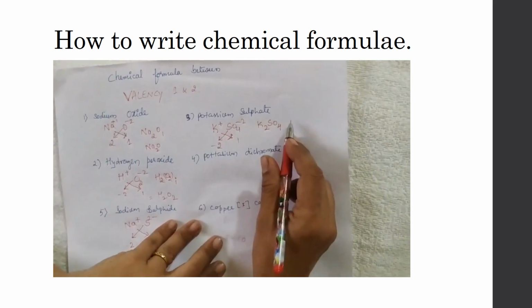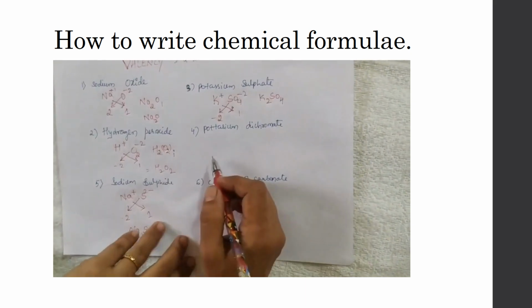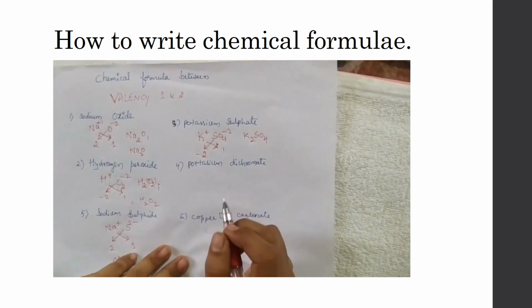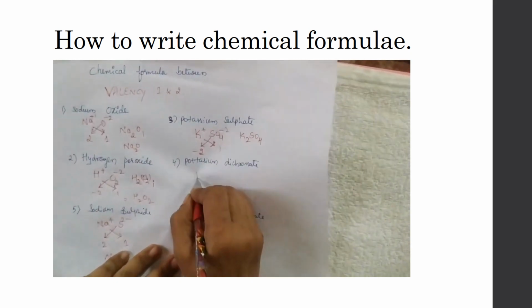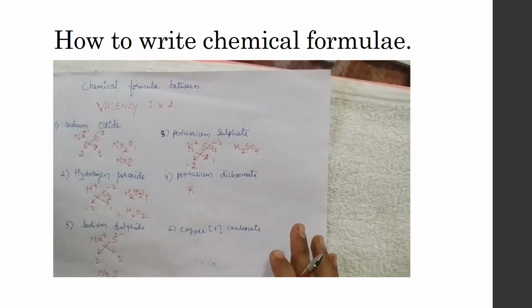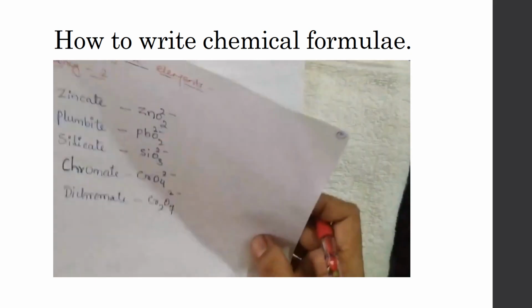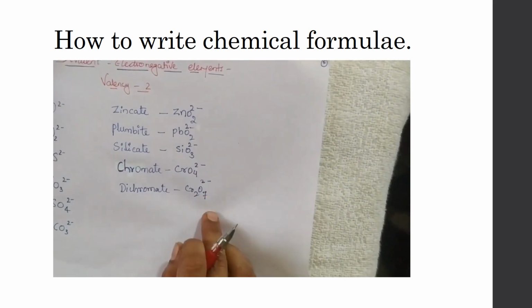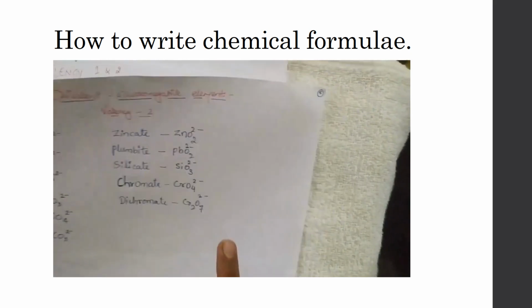Potassium sulfate. Next, potassium dichromate. Formula for potassium is K. What about the dichromate? Dichromate is Cr2O7 minus 2.